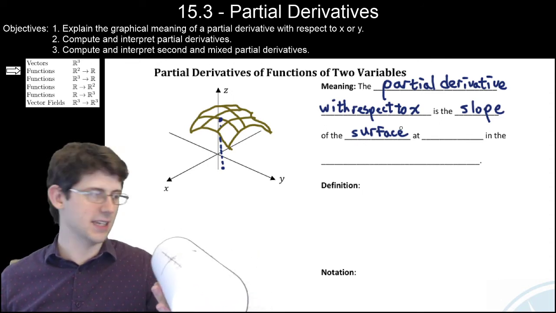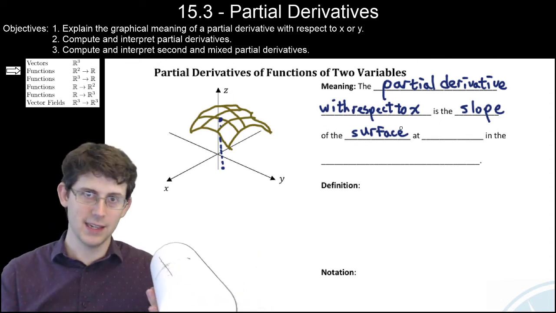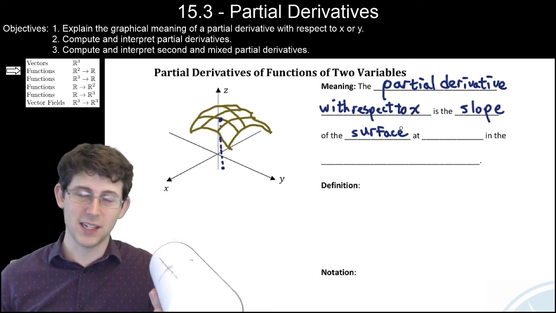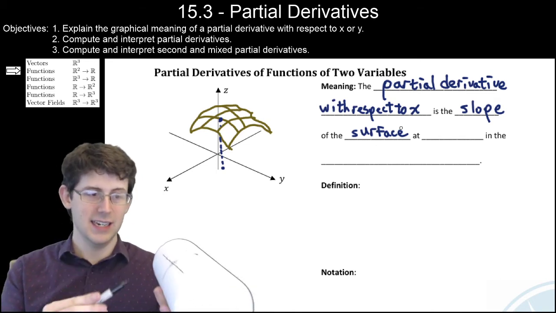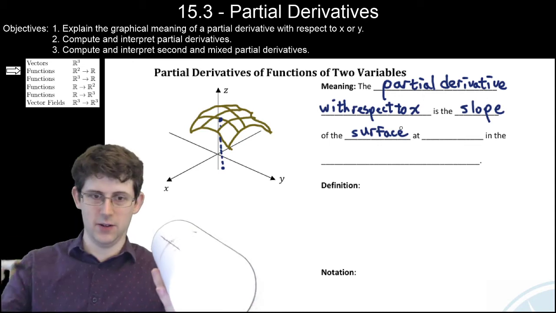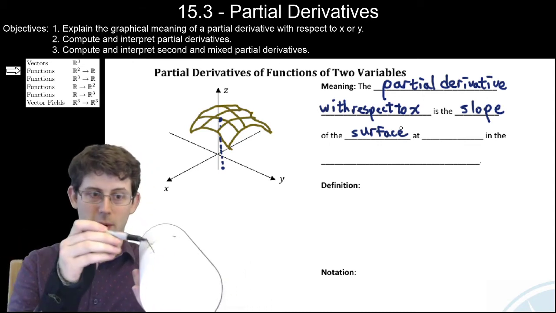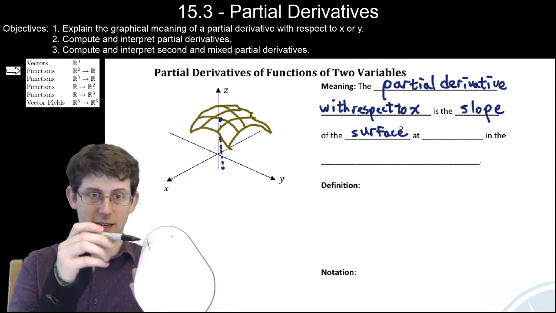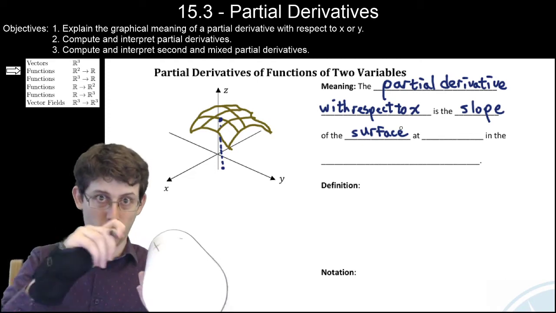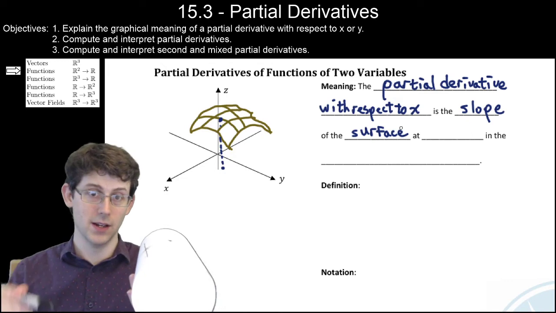So the critical thing is that the slope at a point depends on what direction you're thinking of. In this direction, left to right the way I have it oriented now, the slope at this sun point is positive. But in the other direction, the direction toward you, the slope is 0.